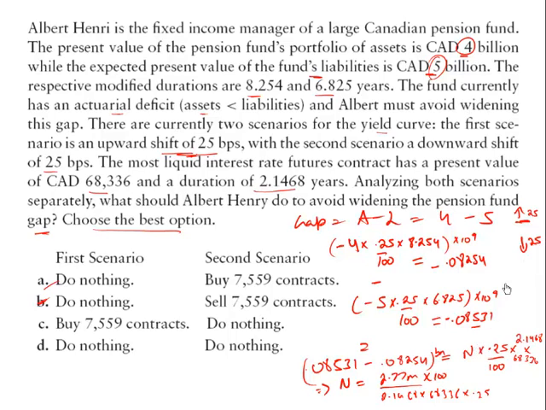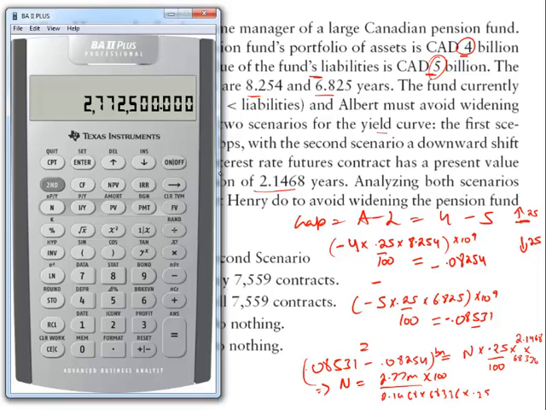If we short contracts, then when interest rates go down, they will lose. So if we are long N contracts, the answer comes out to be positive. It comes out to be 2.77 million into 100 upon this value. Let's calculate. So $2.77 million already there, divided by 2.1468, divided by 68336, divided by 0.25, multiplied by 100.